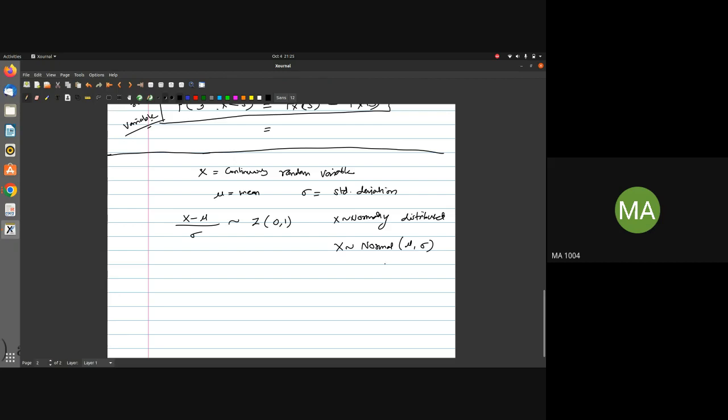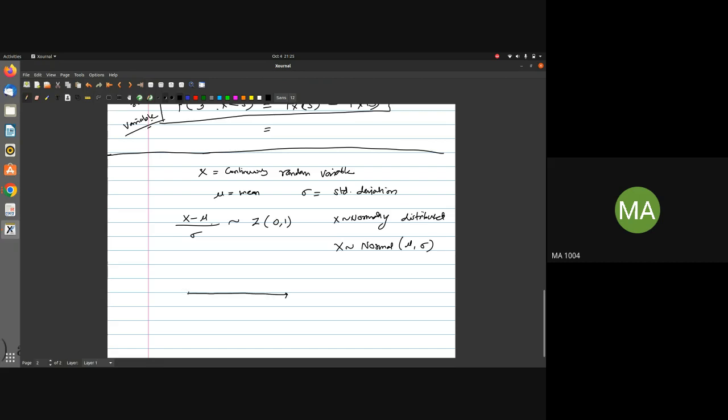If I want to convert this into standard normal, I just have to subtract its mean and divide by the standard deviation. Then it will be converted into standard normal with mean 0, and it will become symmetric actually, right?